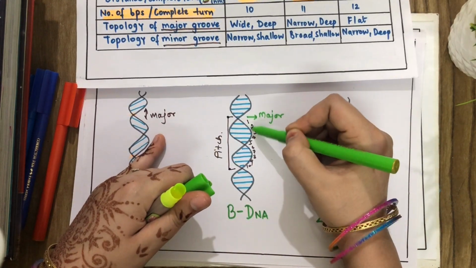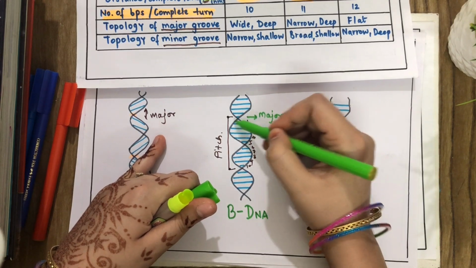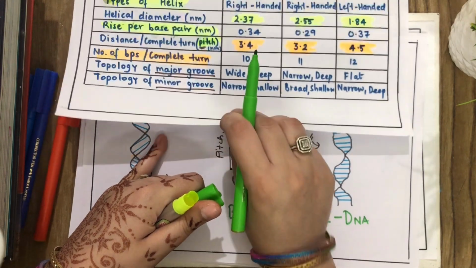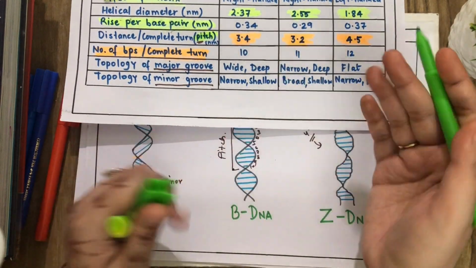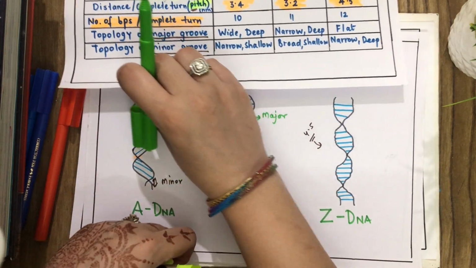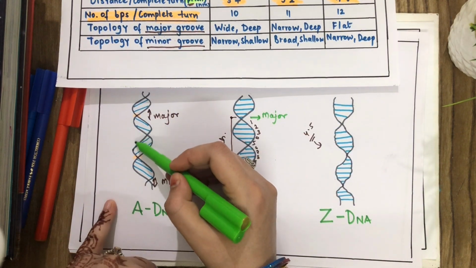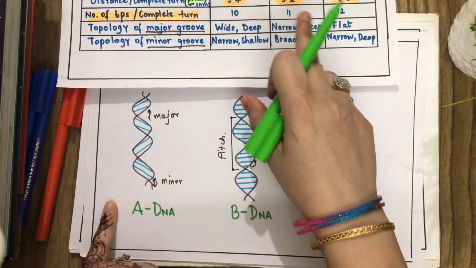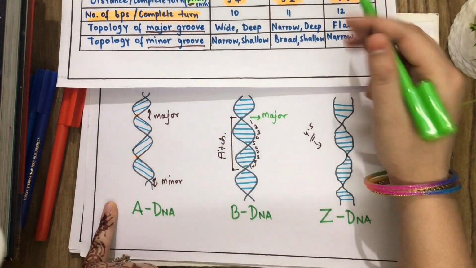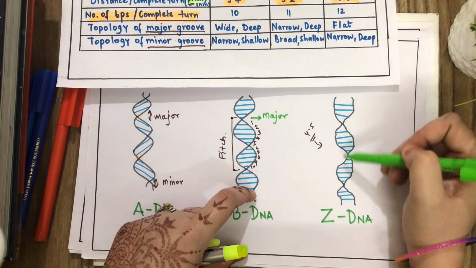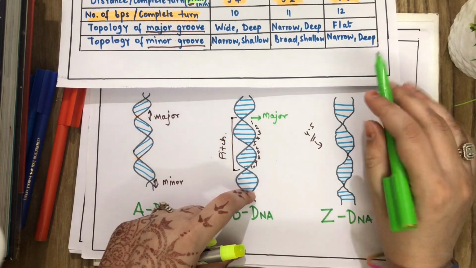You can see the spacing is wider and it goes more inside, so it is deep. Then for A DNA, narrow and deep. Narrow means less spacing but deep. So narrow and deep for A DNA. Then for Z DNA, it's flat. You can see it's flat here, here also.